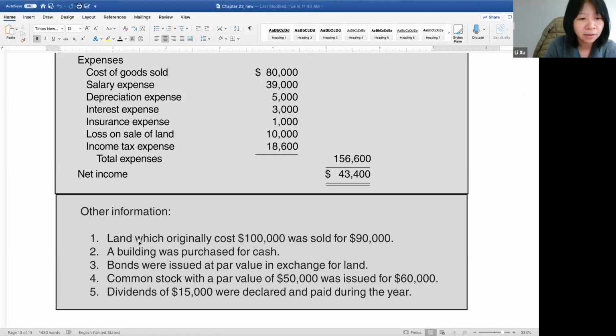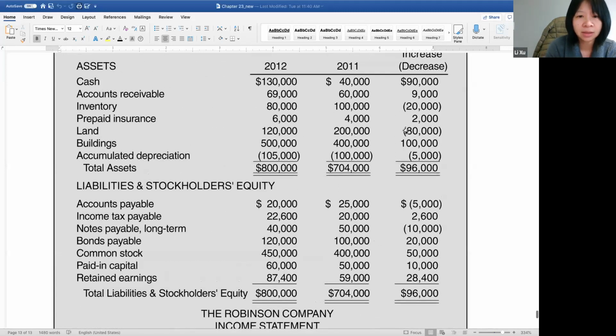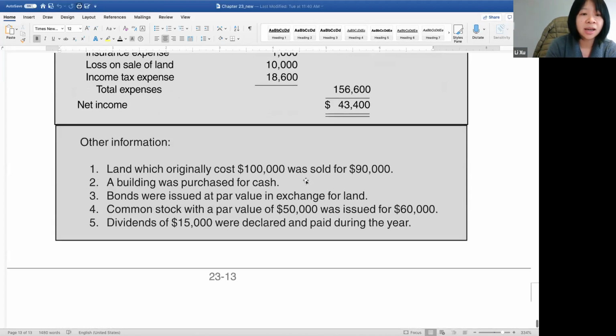This land originally cost 100,000, but was sold for 90,000. Here, you can't just look at the difference in the land, because if you look at 80,000, you'll be like, oh, we sold the land for $80,000, but that's not true, because there are two transactions related to land.